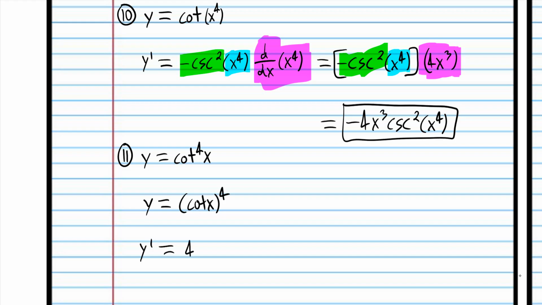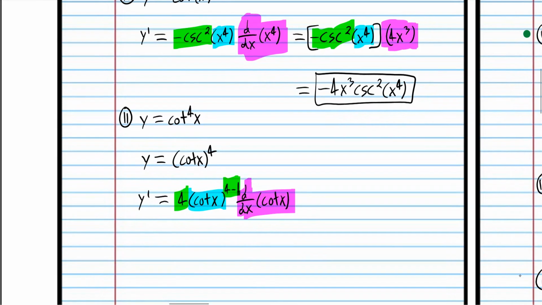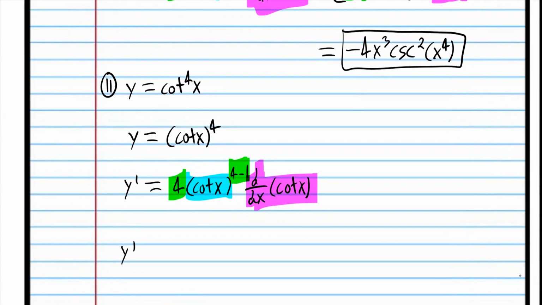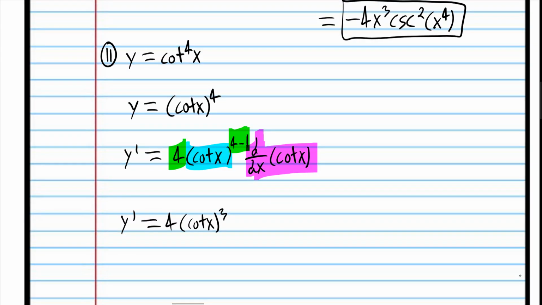We're going to find the derivative of the outside function while keeping the inside function unchanged, and then we're going to multiply by the derivative of the inside function. y prime is equal to 4 times cotangent x to the third power times negative cosecant squared x.